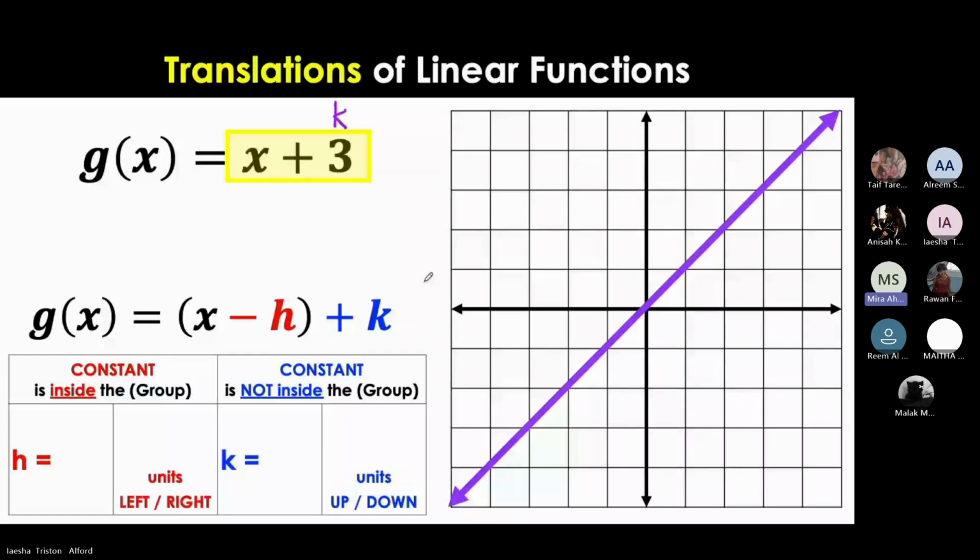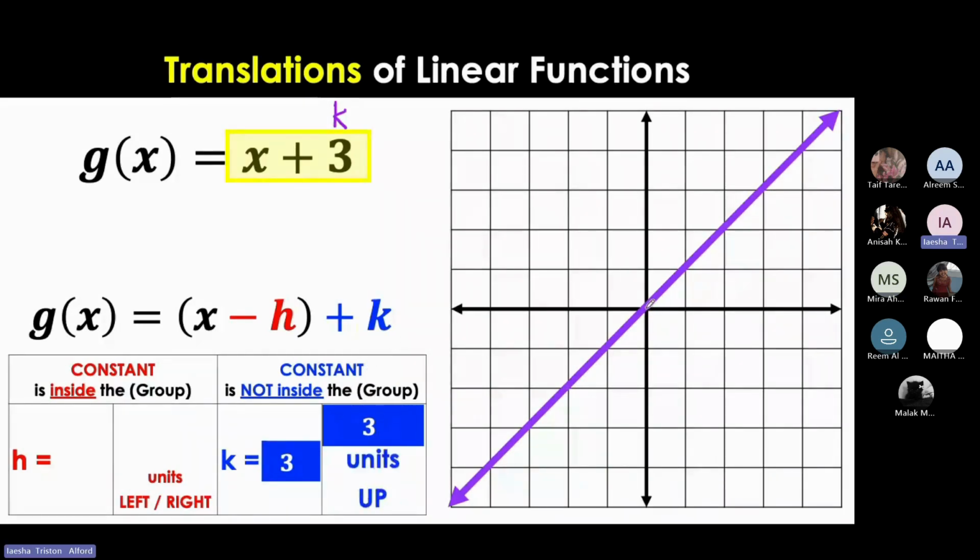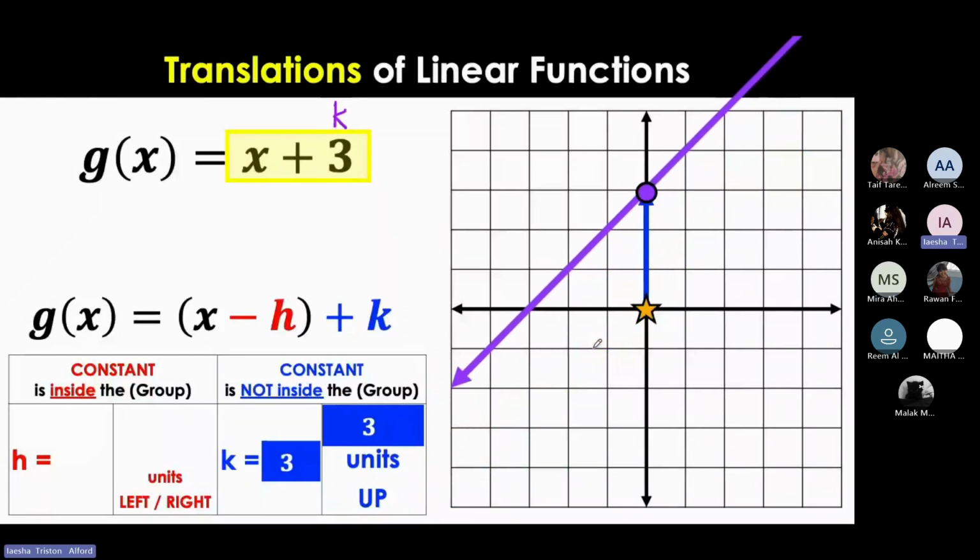Positive 3. So we're going to go 3 units up or 3 units down. 3 units up. So the line is going to go from 0 up to 3 units. We slide it up. That's all the lesson is about, to slide.